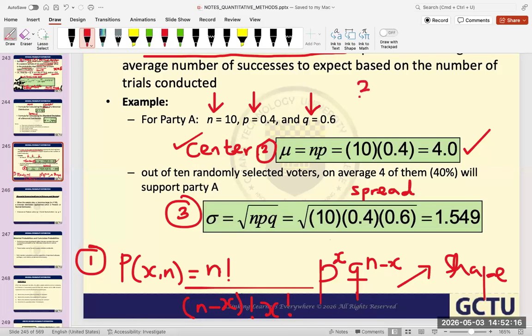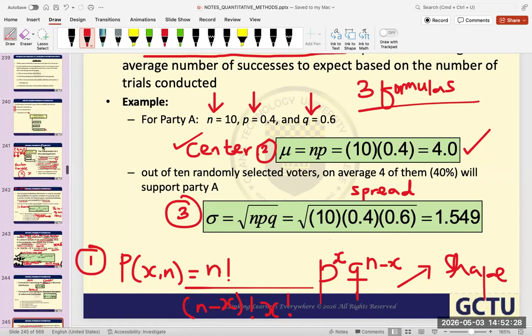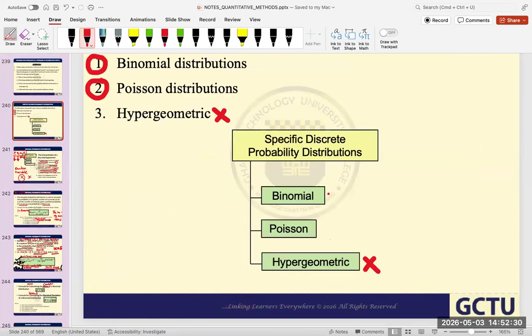And these are the three formulas that will be given for binomial calculations. Now we are done with binomial distribution. We want to now look at the next one called the Poisson distribution.